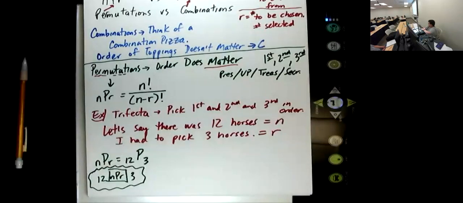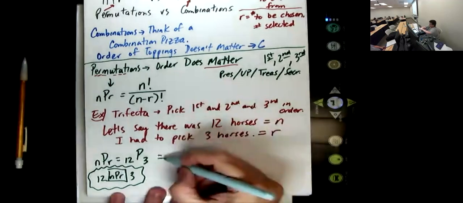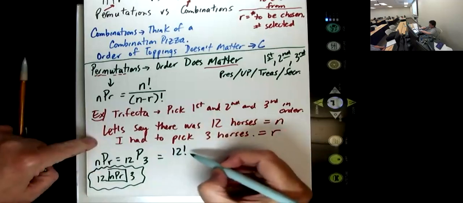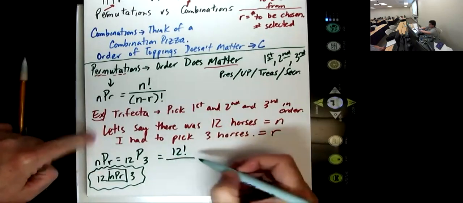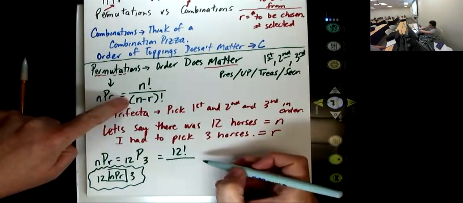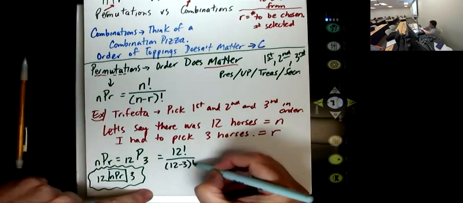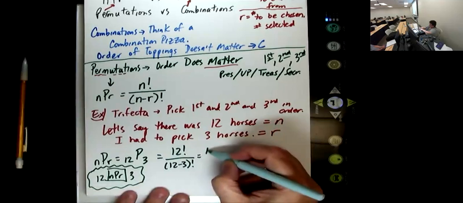But this formula is actually pretty easy. I can actually do this one by hand. N is 12, that's my first number, that's what's on top. And it's a factorial. This one is N minus R, so 12 minus 3, and then factorial. So 12 minus 3 is 9.